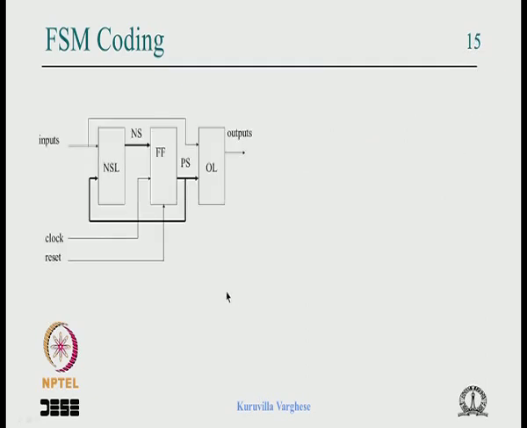So let us see how many different ways you can code it. As I said, you could write one process for next state logic, one process for flip flop, and one process for output logic. We will see how that process can be written, but at least we are enumerating all possible ways of writing this FSM in VHDL.